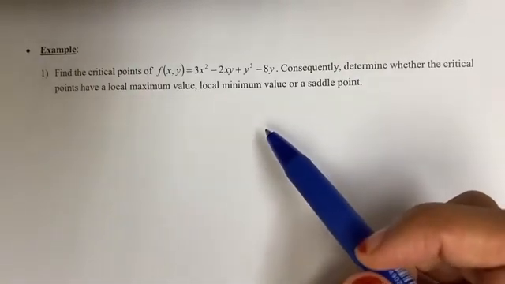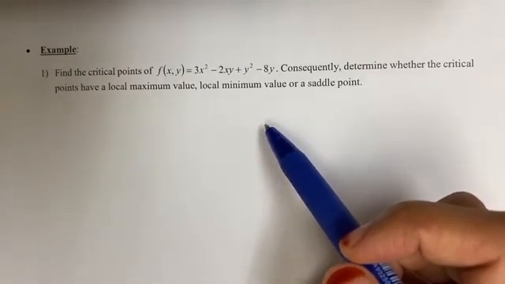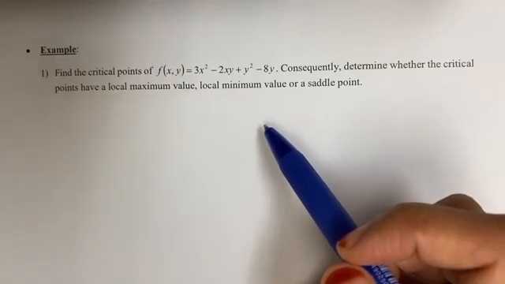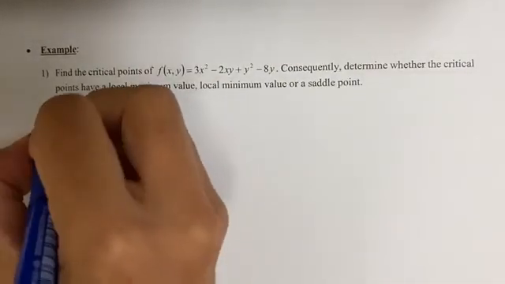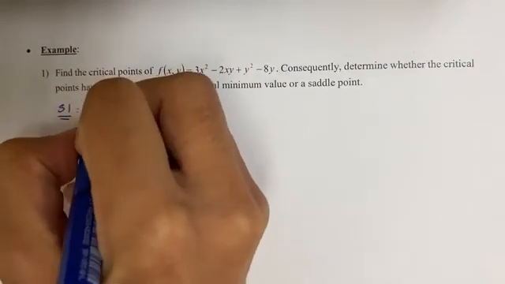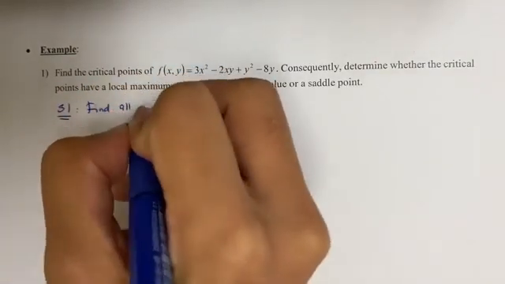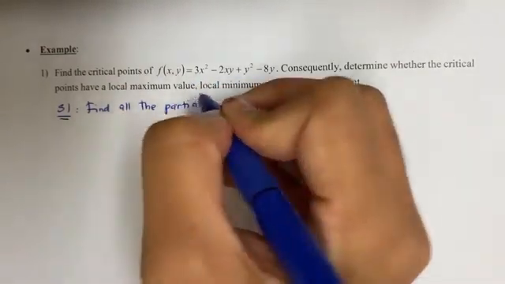Basically, we have 4 steps here, and in finding local extrema, you need to use your knowledge of partial derivatives. Let's start with the first step. The first step is to find all the partial derivatives.